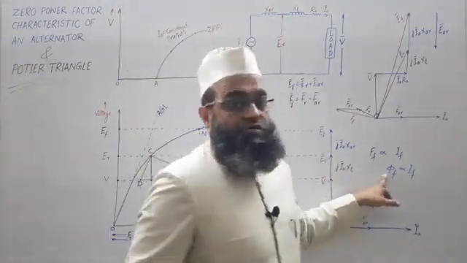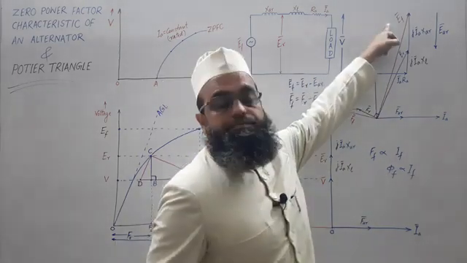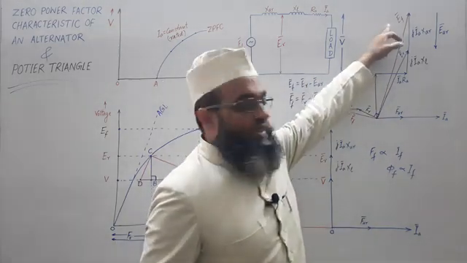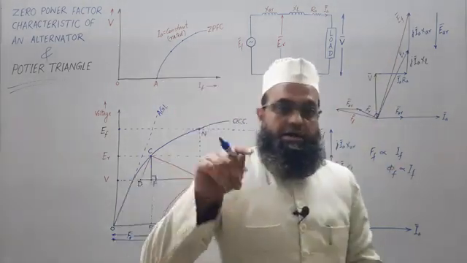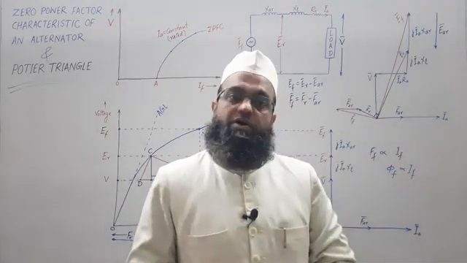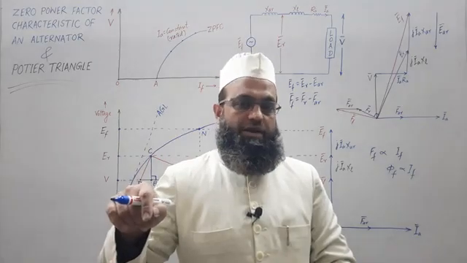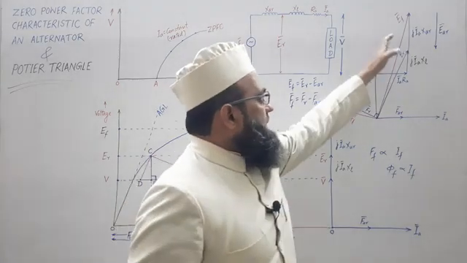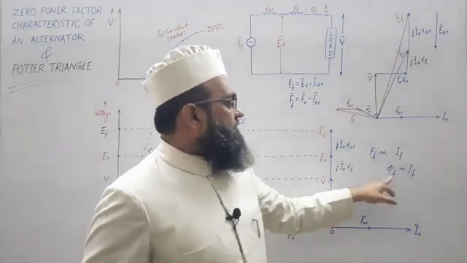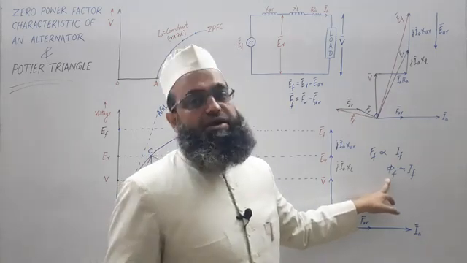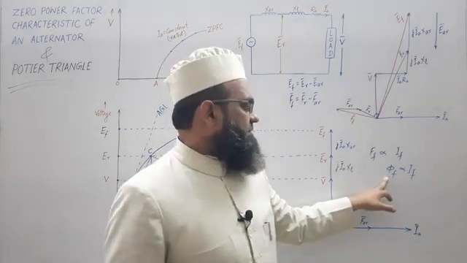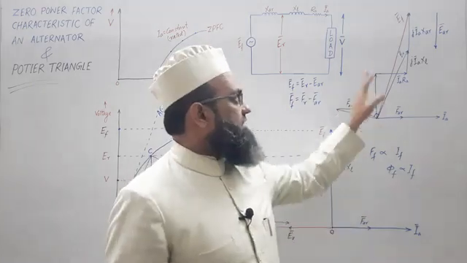Phi f is the cause and EF is the effect. We know that EF is produced as per Faraday's law of electromagnetic induction, minus N d phi by dt. You know it very well. So EF lags phi f by 90 degrees. The cause is leading and the effect is lagging.